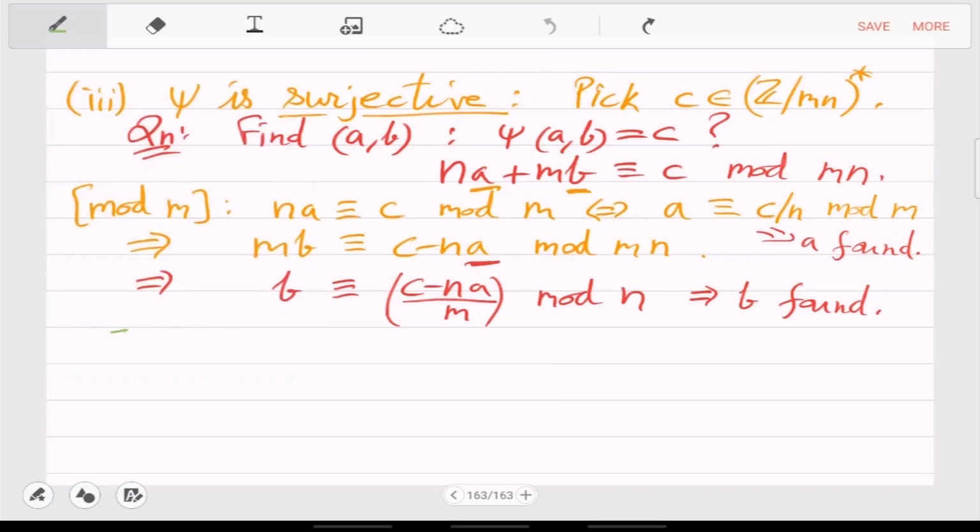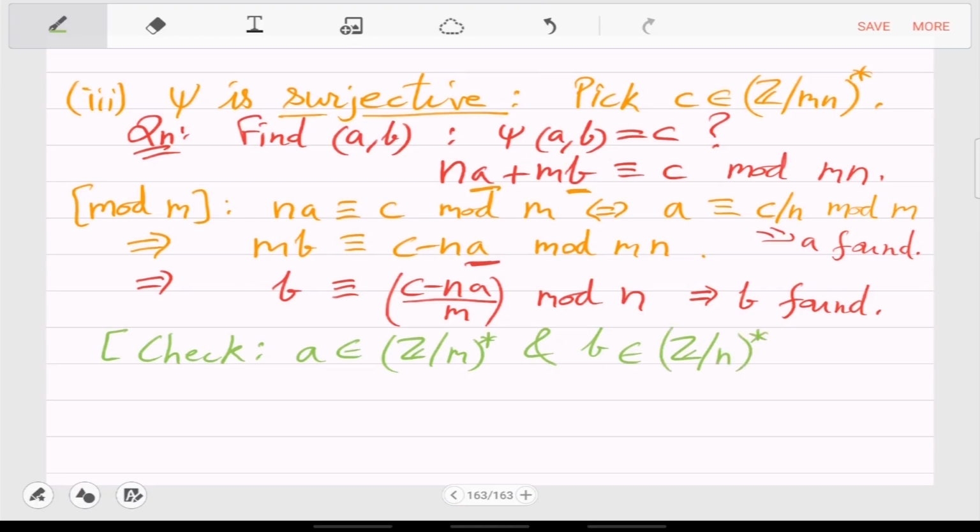Just fill in that detail that A is indeed in Z M star and B is indeed in Z N star. The way we have defined A and B, it's automatically co-prime to M and N respectively. That is all we needed to do.